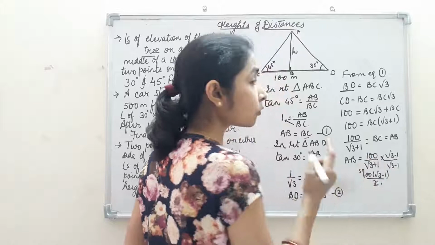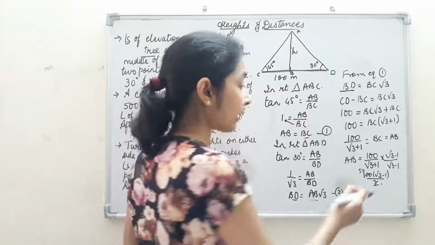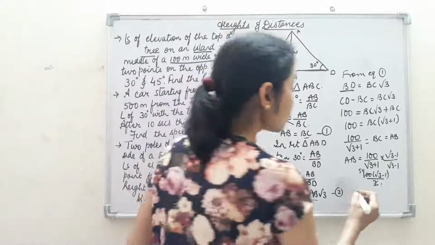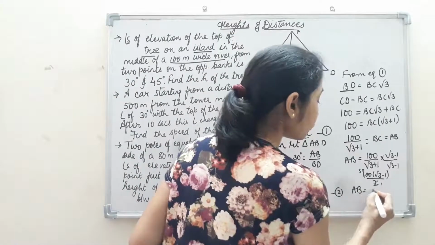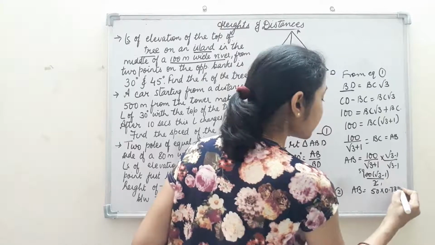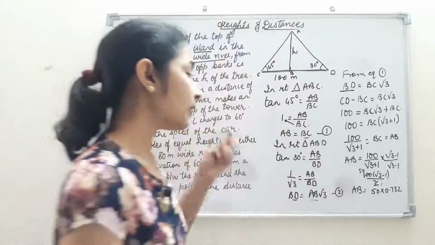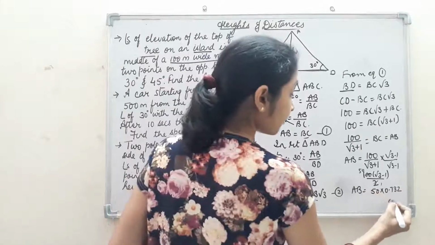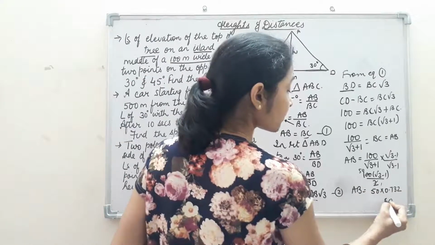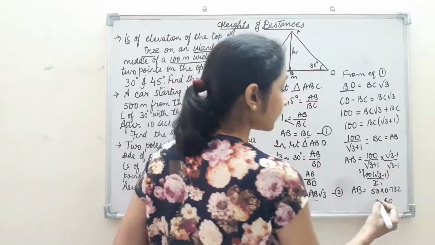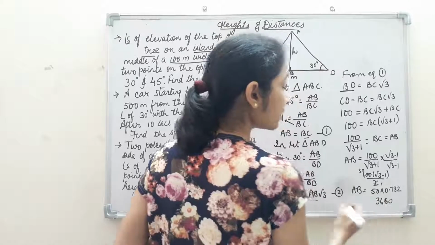Now what do I get here? The value of root 3 is 1.732, and 1.732 minus 1 gives me 0.732. So AB is equal to 50 multiplied by 0.732. So just I will multiply it. So what do I get here? 5 2s are 10, 5 3s are 15, plus 1 16, 5 7s are 35, and plus 1 I get 36.